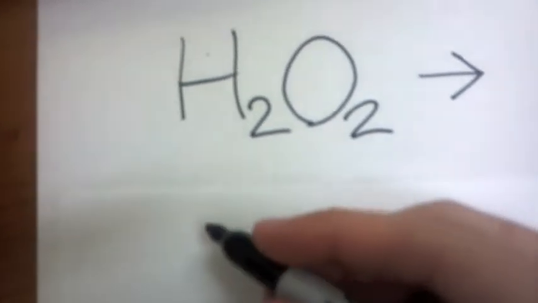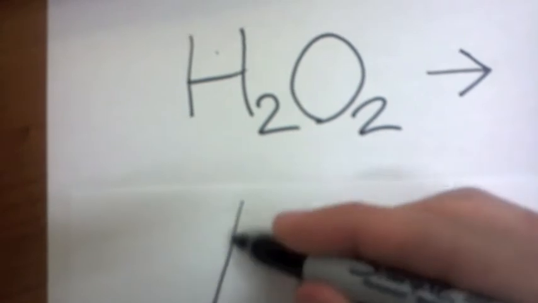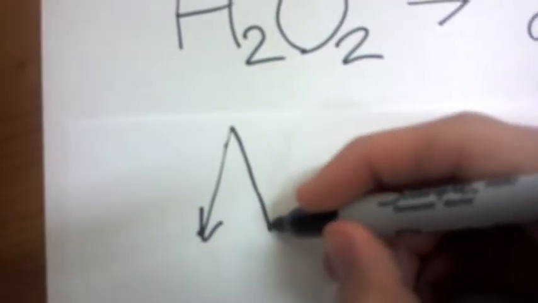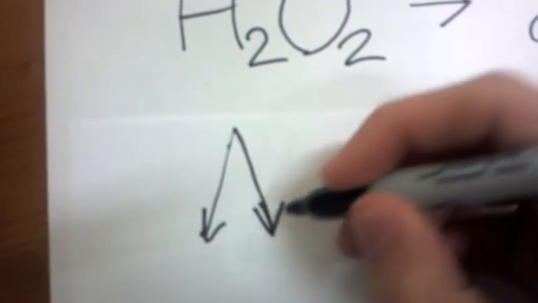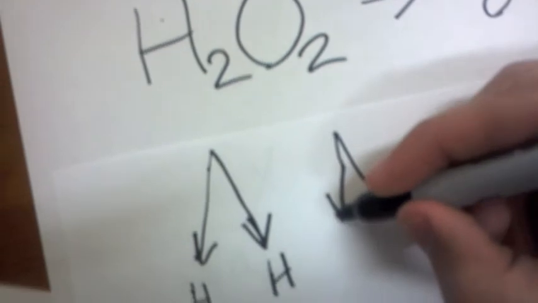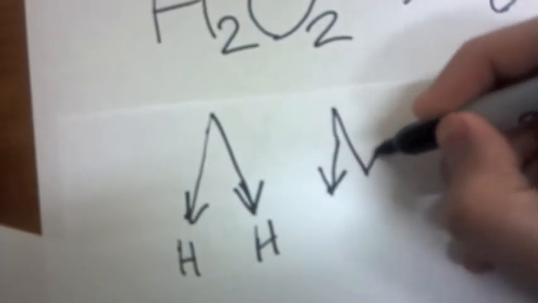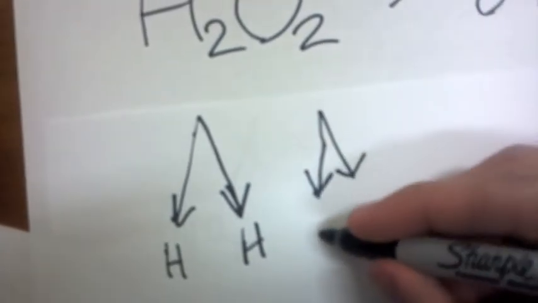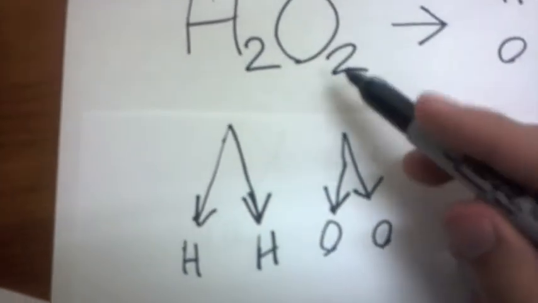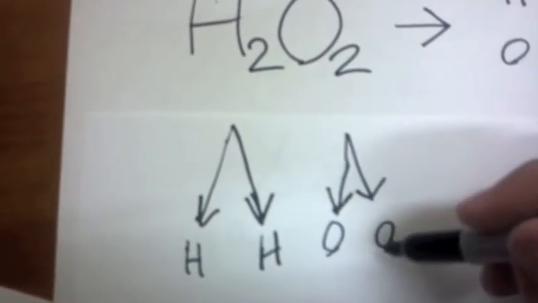So imagine two H's, and then two O's. So there's two H's, two O's, two hydrogens, two oxygens.